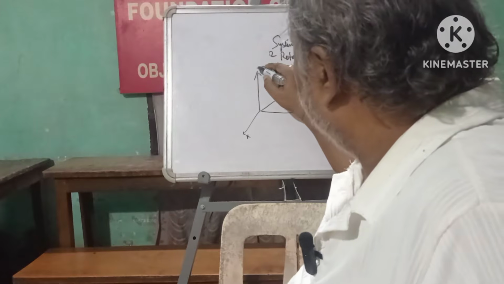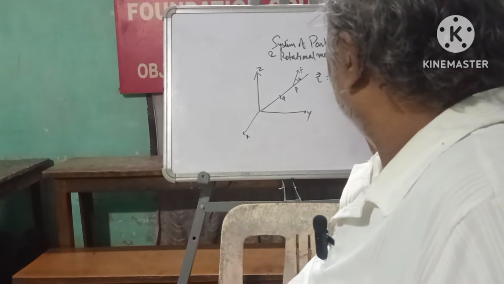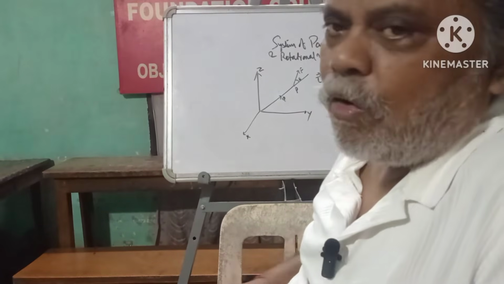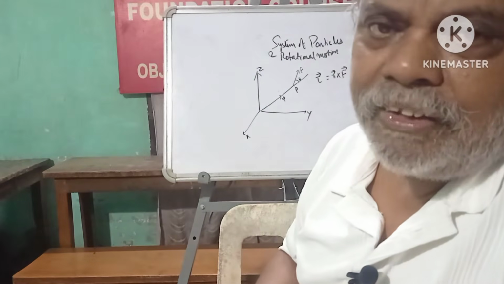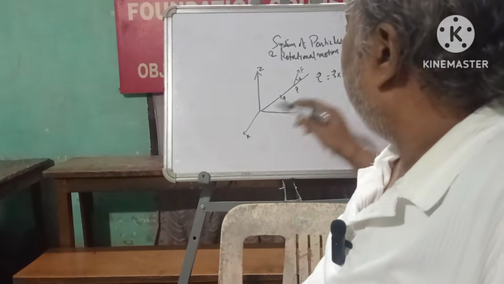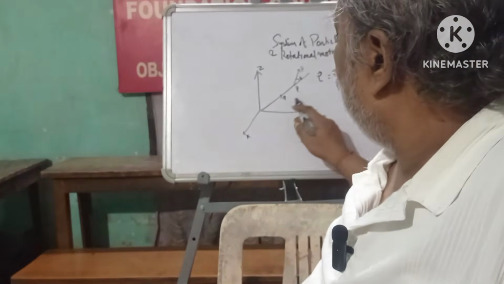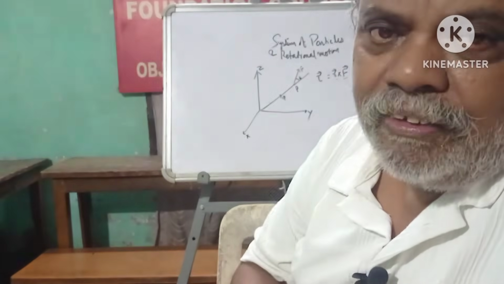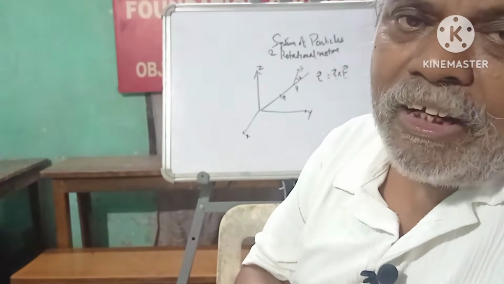So here your torque is equal to r cross F. According to your maths, it is a cross product. The direction of the cross product will be perpendicular to the plane containing these two vectors. Let us consider that they are in the xy plane. So your torque will be along the z axis.